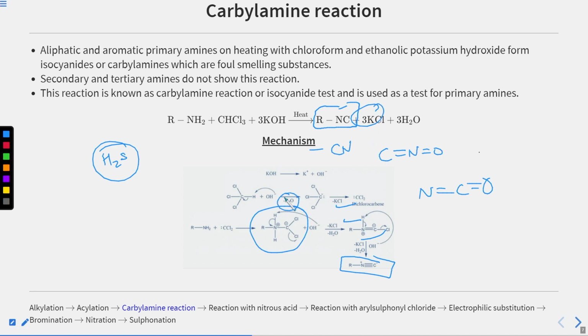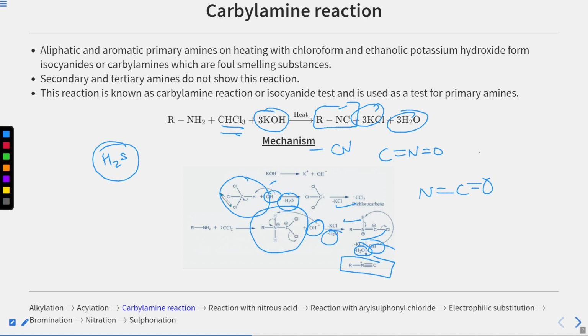H2O 1, 2 and 3 times, so again 3 H2O. And KOH is used, 1 here, 1 here, 1 here, 3 times. So we have 3 KOH and 1 CHCl3. So this is the overall carbylamine reaction.